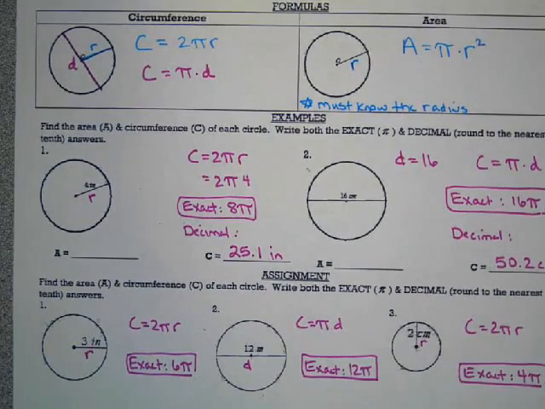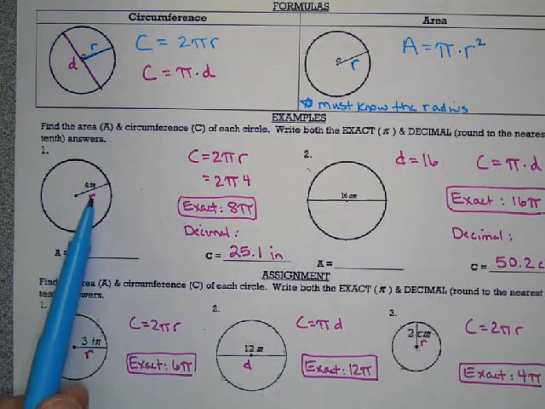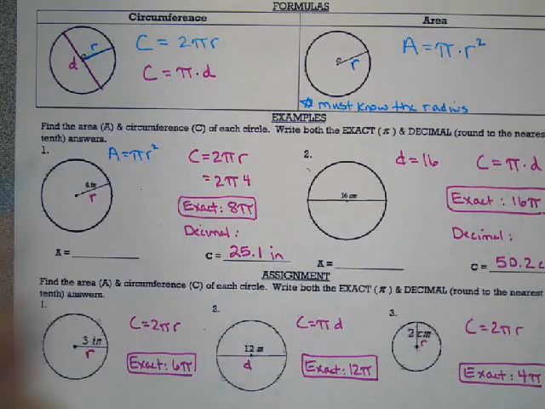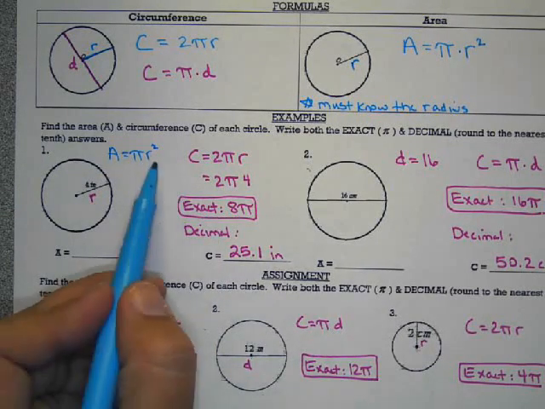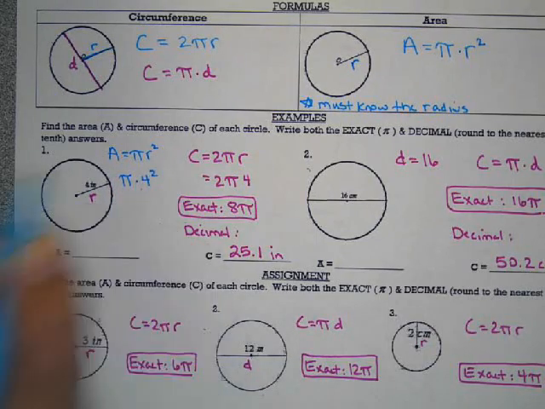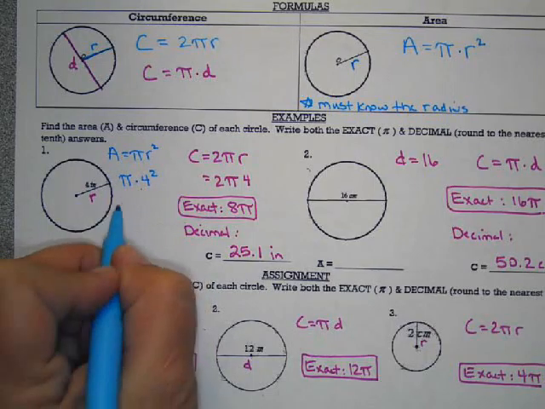So in this example, you can also do your exact answer here too. So for area, pi times radius squared. Your radius is 4. So it's pi times 4 squared. 4 squared is 16. So for exact answer, you'd write 16 pi.